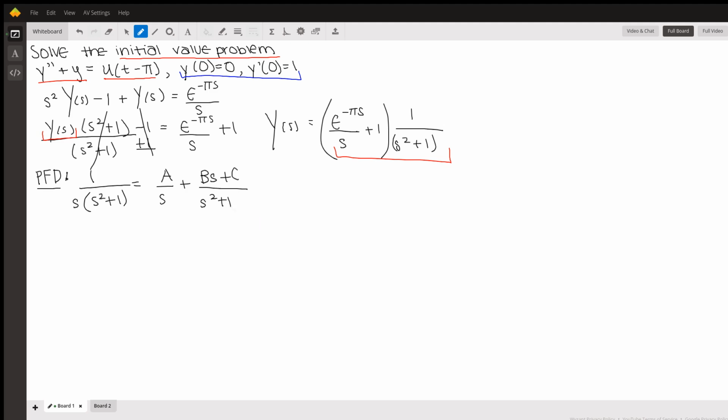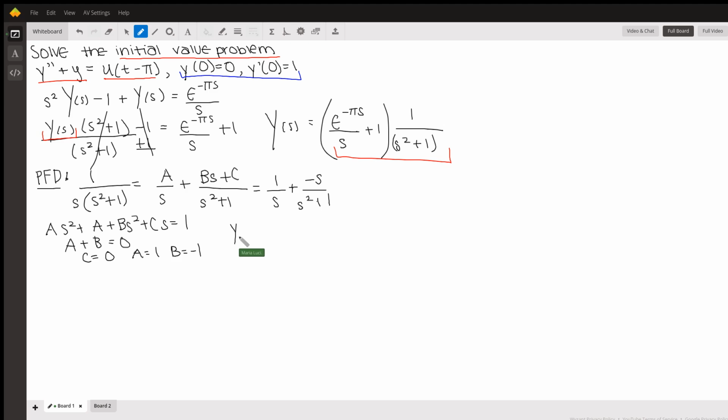Then doing partial fraction decomposition, we find that As squared plus A plus Bs squared plus Cs equals 1, and also A plus B equals 0, and therefore C equals 0, A equals 1, B equals negative 1. So we found that A equals 1, so 1 over s, plus C equals 0, so it's just negative s over s squared plus 1.